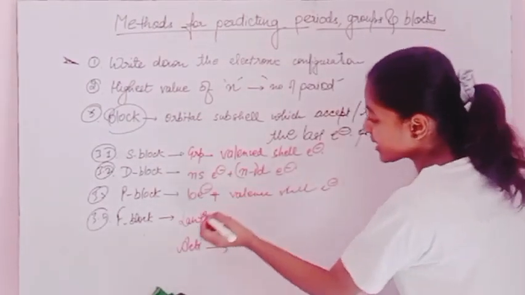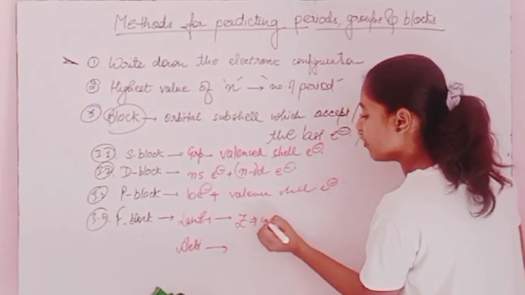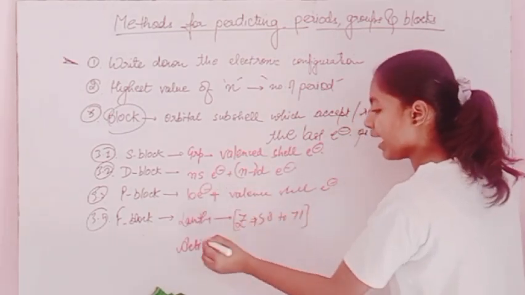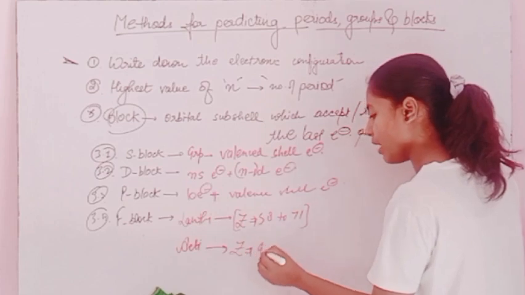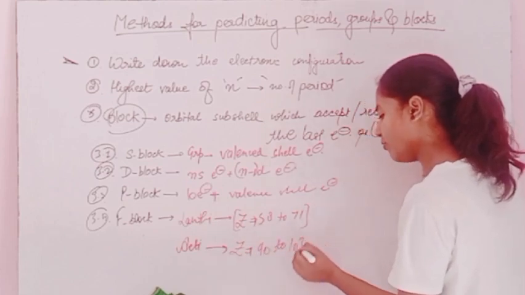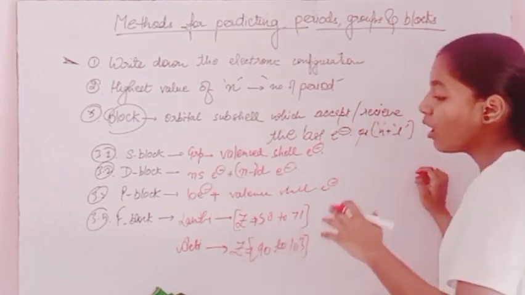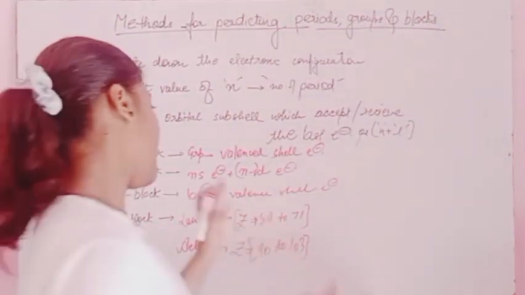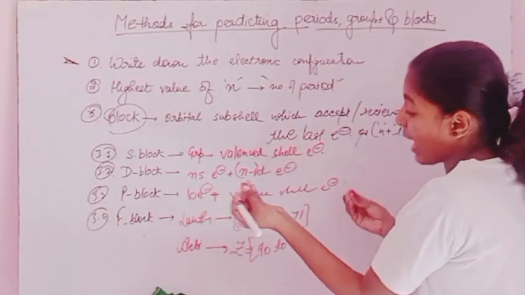How? Let's see it. Lanthanoids are from Z equals 58 to 71, and actinoids are from 90 to 103. So remember these two, the atomic numbers for your lanthanoids and actinoids.